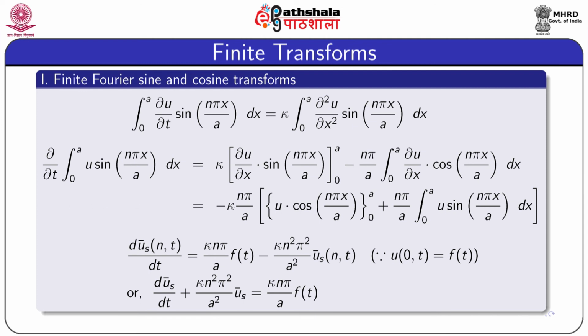Now if we put the limits, the value of u(a, t) is 0, which is given in condition 2. So if we put the value of x as a, its value is 0, and the value at x equals 0 is f(t).